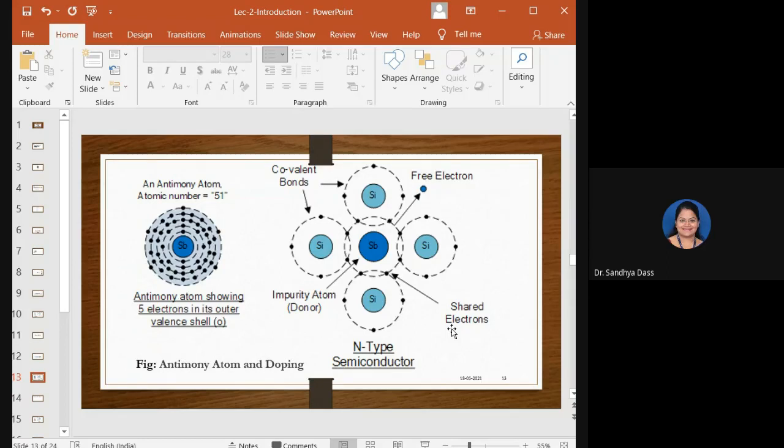So antimony has 51 electrons, as you can see here, arranged in 5 shells around its nucleus, with the outermost orbital having 5 electrons. The resulting semiconductor base material has an excess of current-carrying electrons, each with a negative charge, and is therefore referred to as N-type material, with the electrons called majority carriers, while the resulting holes are called minority carriers.